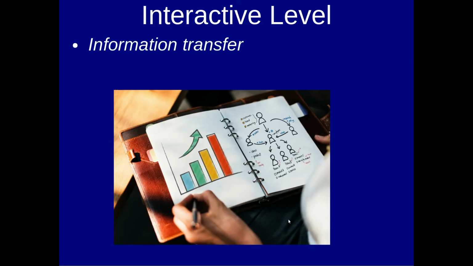Let's move on now. Another example of interactive level assessment is something called information transfer. This is where the student has to interpret a picture or a passage and explain that in a different context. Here on this screen, we have a picture of a graph, or perhaps a diagram, depending on what page you're looking at. The student has to take this graph or diagram and put it into English.